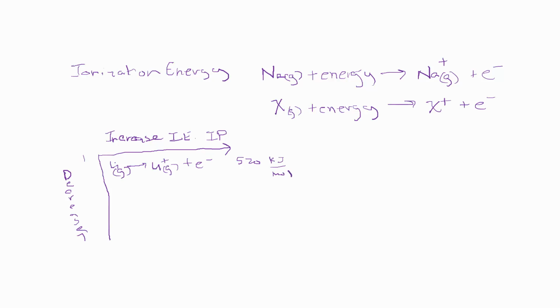All right. If we drop right below that and look at sodium, sodium in the gas phase loses its electron, becomes sodium positive, plus the loss of an electron. It's 899 kilojoules per mole.